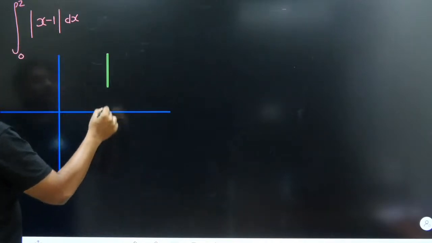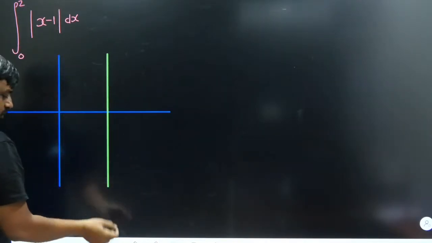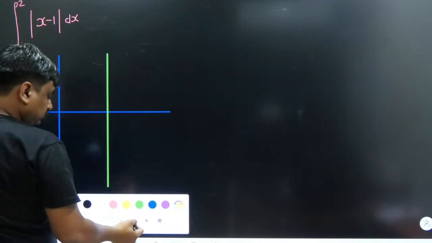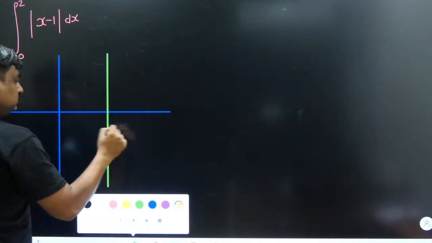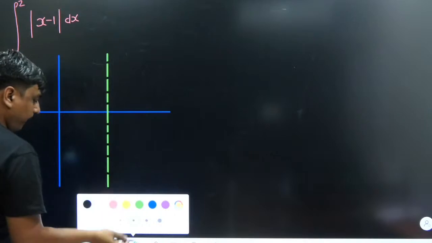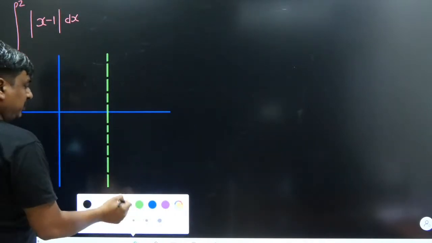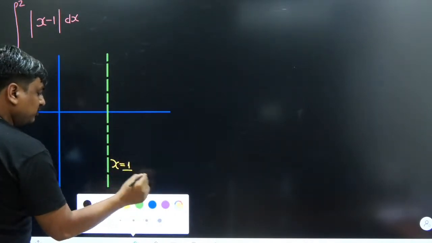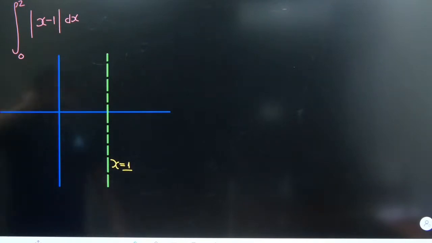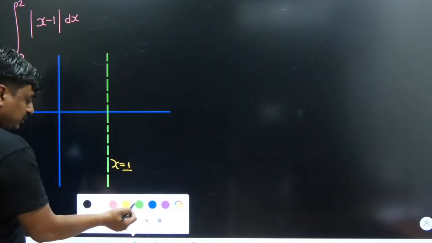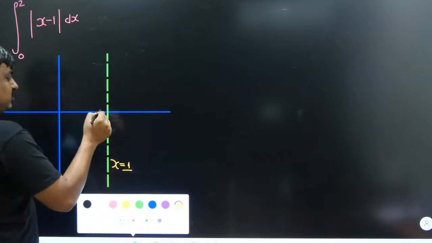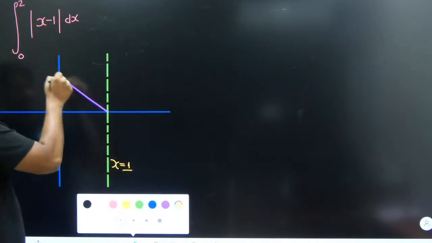What I am saying, let me take this shape. It is x equals plus 1. And how would the mod of x minus 1 look like? Most of us must be knowing, because we have dealt with this sort of problem in the last video. It would be sort of this.